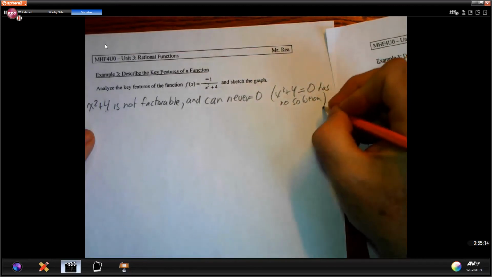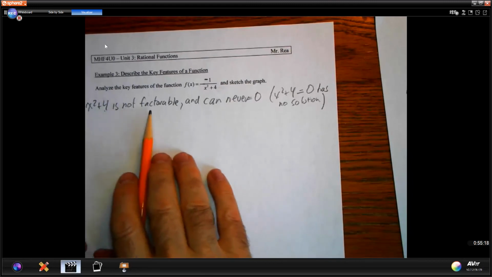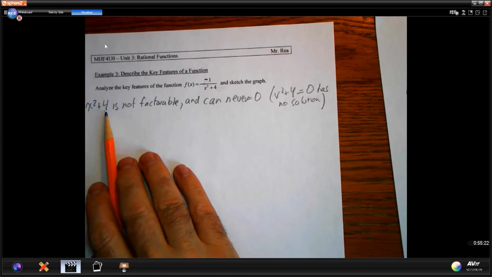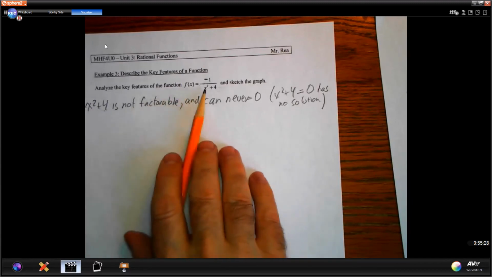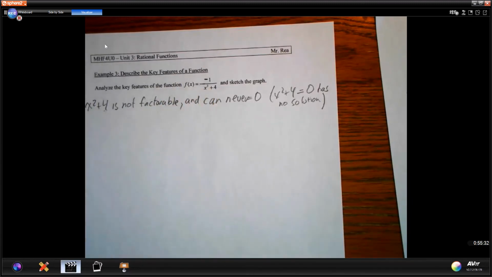Okay, now here's an important part, because I see a lot of students make the invalid conclusion that if I can't factor what's on the bottom, there's no zeros. That's not true. For example, if I had x squared minus 4, it's factorable, and we could find the vertical asymptotes like we did earlier.